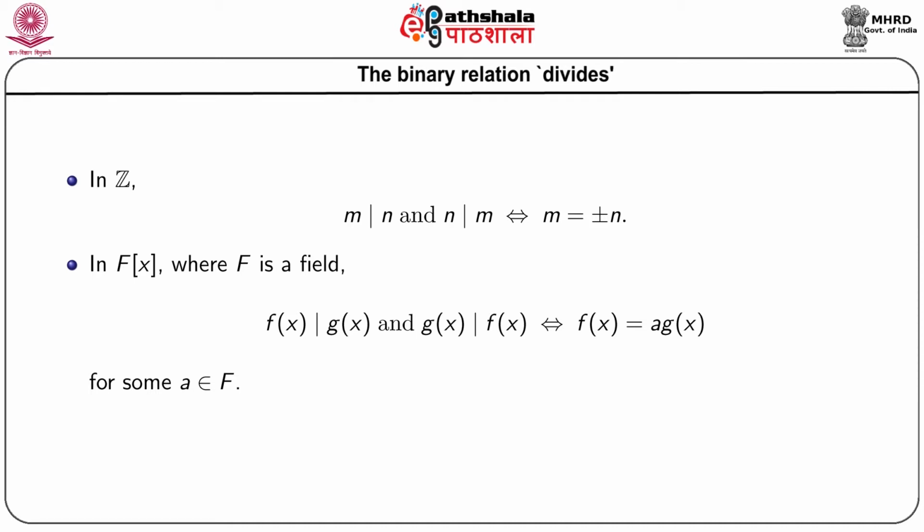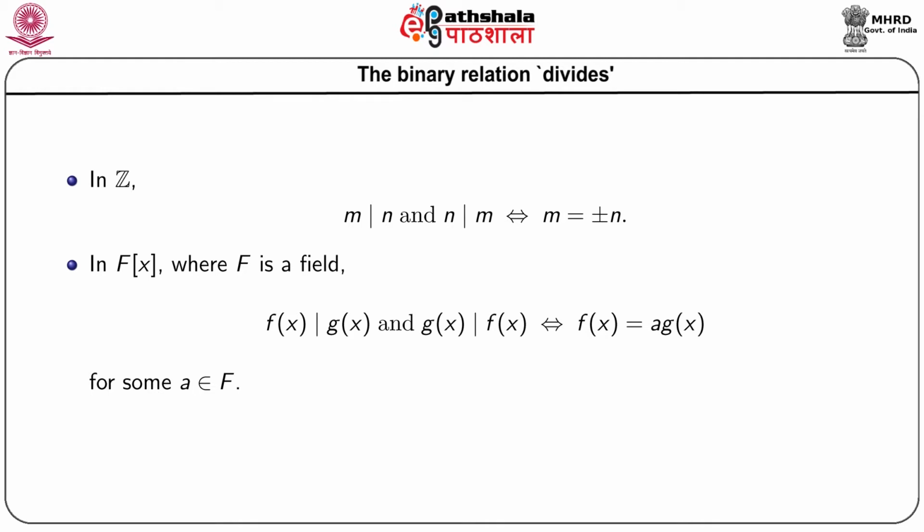And if F is a field, then in the polynomial ring F[x], given two polynomials f(x) and g(x), if f(x) divides g(x) and g(x) divides f(x), then we have f(x) is equal to some constant multiple a of g(x), and since F is a field, this constant a is a unit.